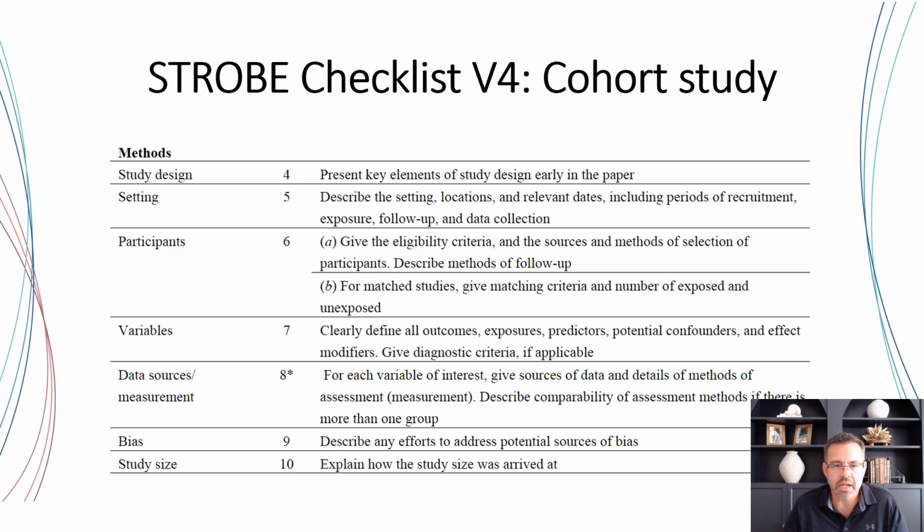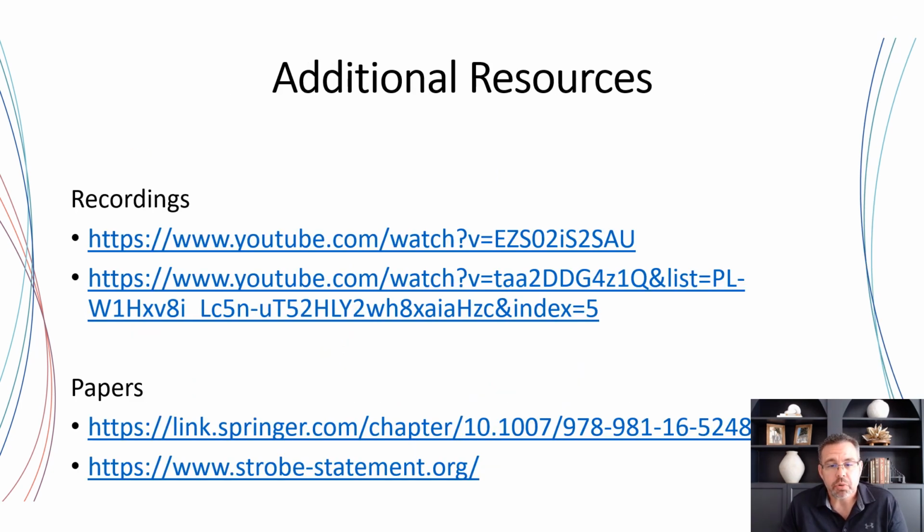In terms of bias, again, describe any efforts to address potential sources of bias, and for the study size, to explain how the study size was arrived at. And so often this is, again, in the form of something like a sample size determination, which I'll touch on in the next webinar.